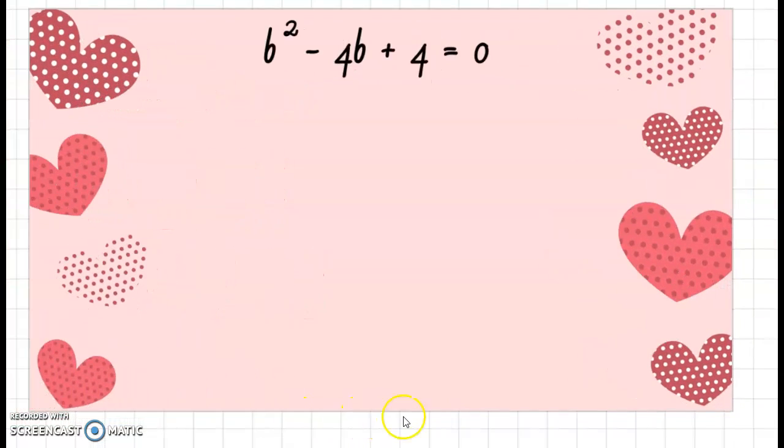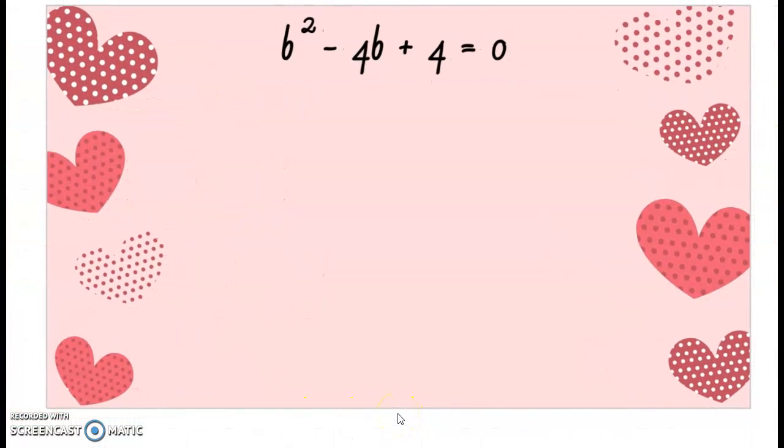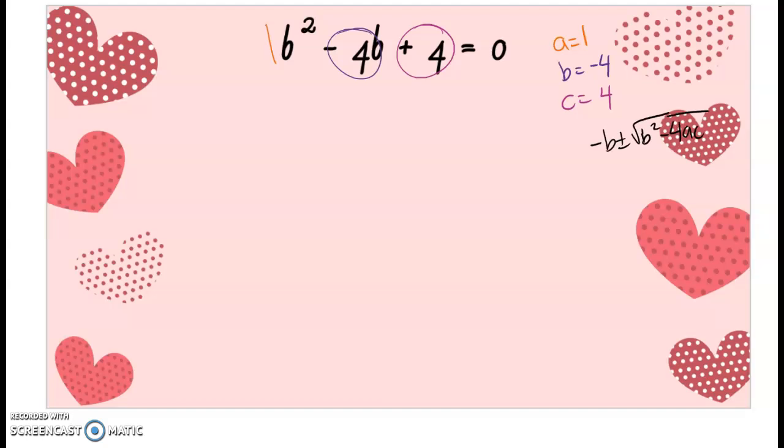Ooh. All right, last one here. My A is going to be 1. And just because there's a letter B here, we're just using the number. We're not looking at the variable. B equals negative 4. C equals a positive 4. So negative B plus or minus square root of B squared minus 4AC all over my 2A.